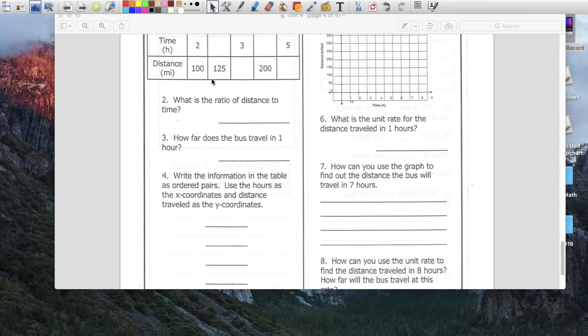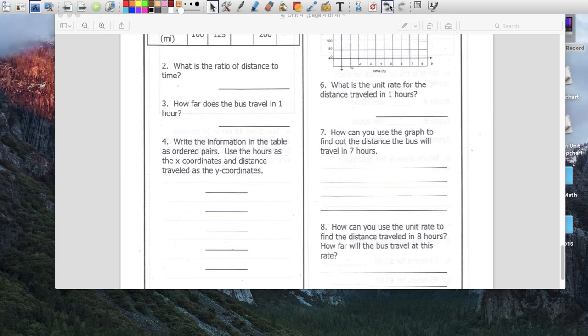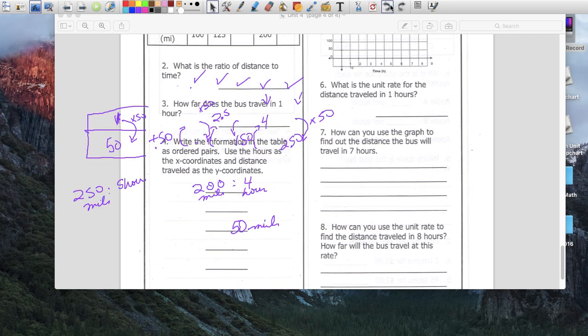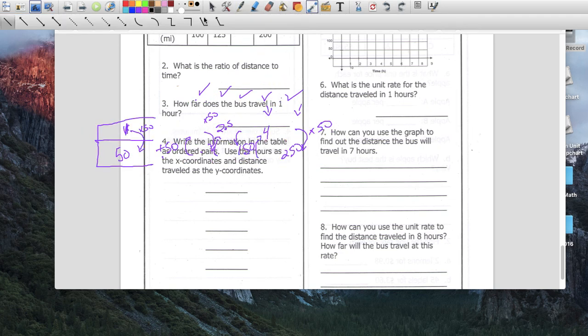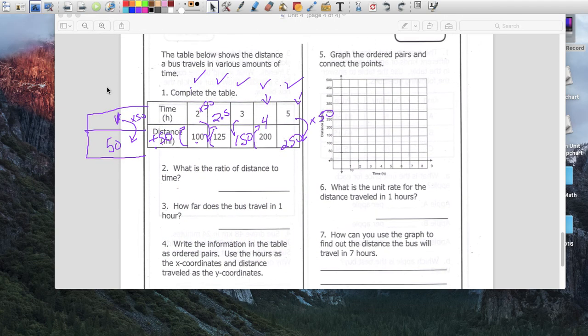Write the information in the table as ordered pairs, using hours as... okay, so I erased everything. So let me just erase a few things. So I'm going to write the information as ordered pairs. And here we go.